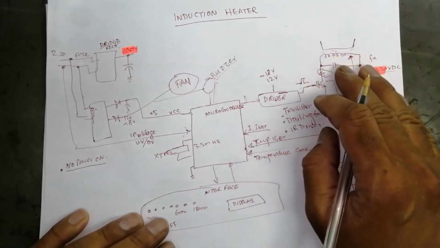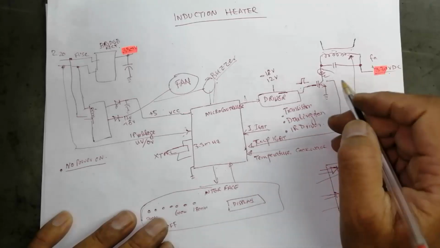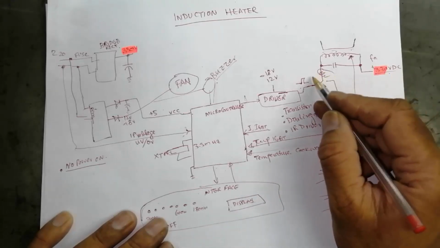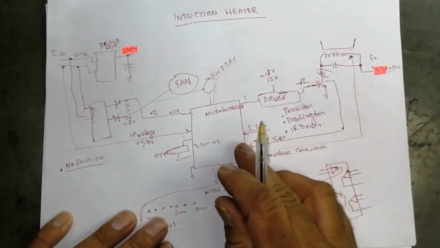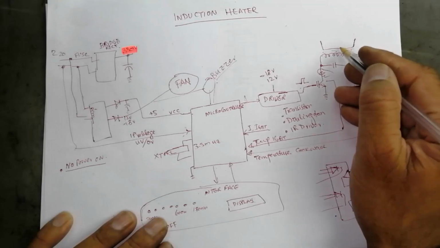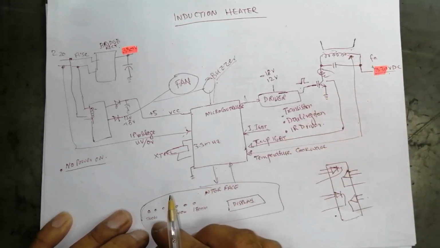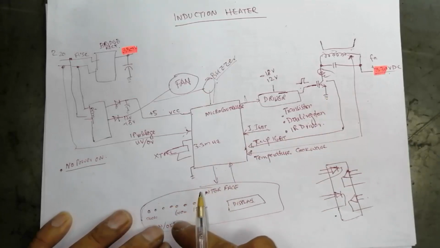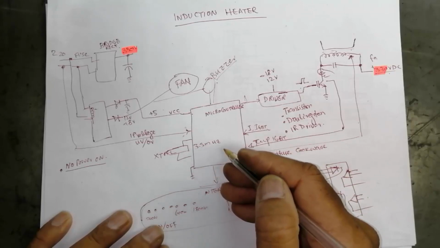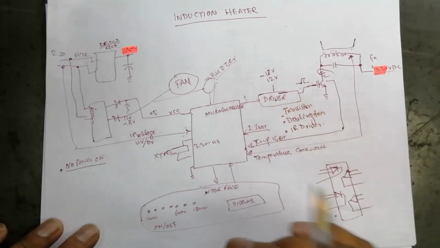This is an active monitoring system. If at any time the temperature of the IGBT goes high, it will protect. If the cookware goes over temperature, it will protect. And any time we need power off, power on, it will keep refreshing at a 20 millisecond interval, 50 millisecond interval. It depends upon the circuit.